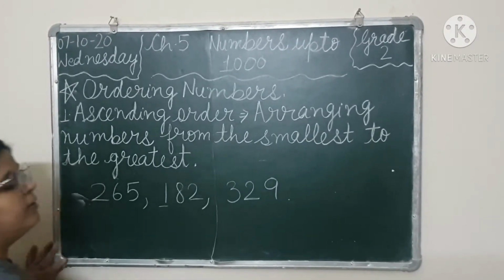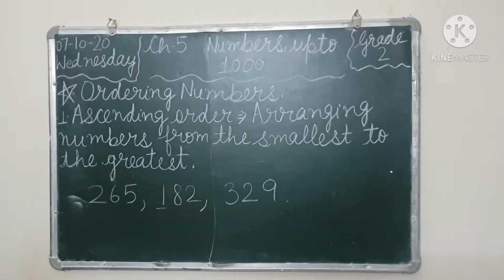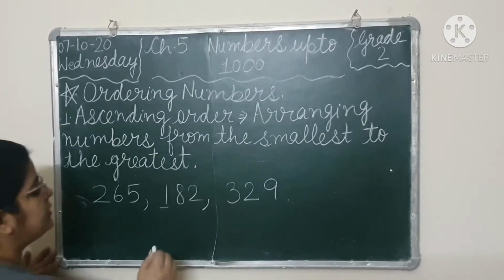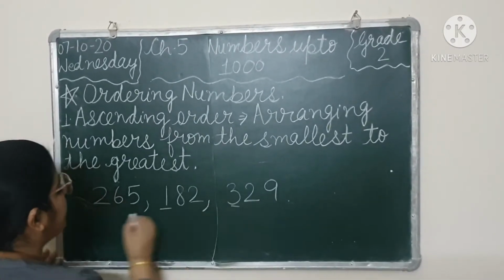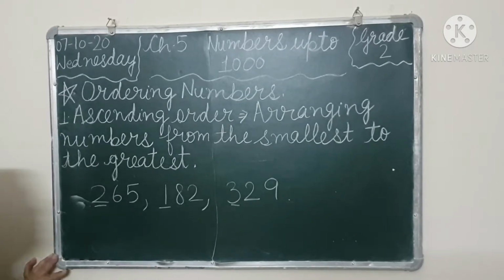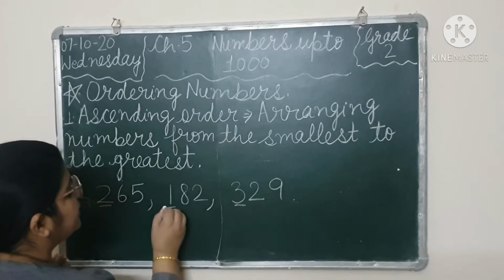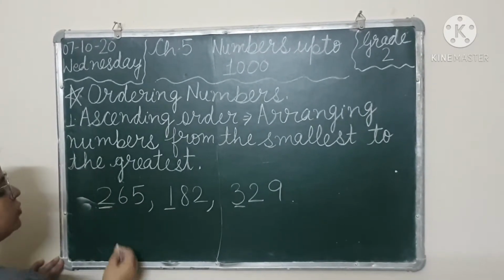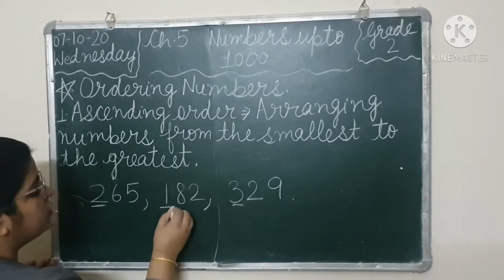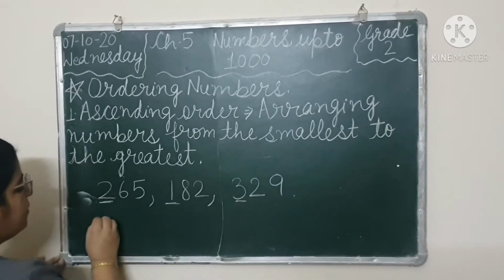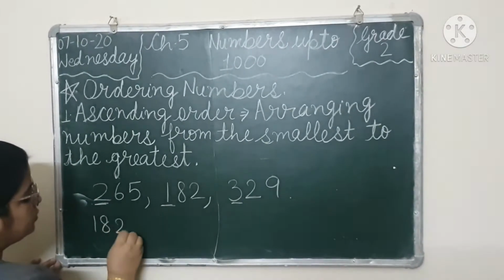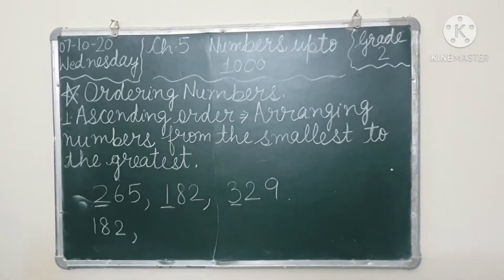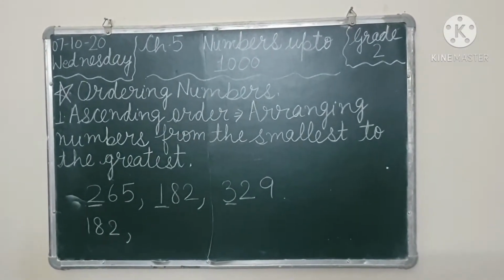How do we know which is the smallest? Firstly we see the 100 place value. This is 3, this is 1 and this is 2. Which is the smallest? 1. So the smallest number is 182.